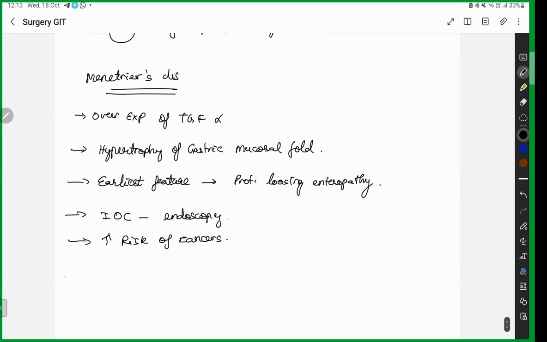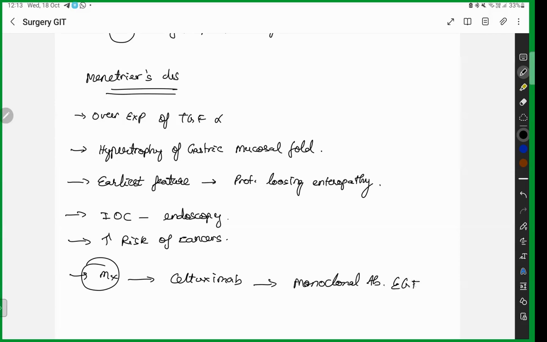And what is going to be your management for these patients? Management is going to be very easy. Cetuximab. Why do you give cetuximab? Can someone tell me why? Cetuximab is a monoclonal antibody against EGFR, the epidermal growth factor receptor.